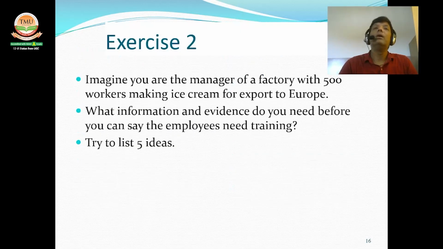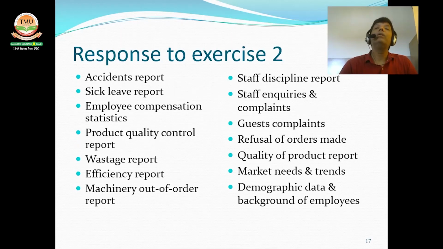What we can do: you are the manager of a factory making ice cream for export to Europe. Evidence like accident reports, sick leave reports, and employee compensation statistics can be used.